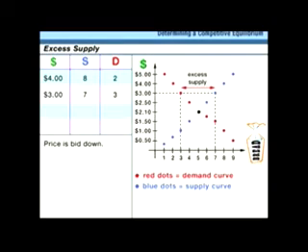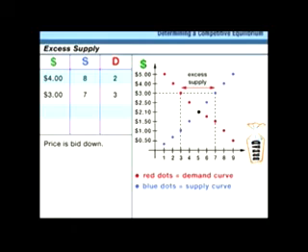As the price falls from the supplier's perspective, things are getting less attractive. So at a price of $3 per loaf, we find that a seller or 2 may have left the market. The quantity supplied is down to 7 loaves of bread. And at a price of $2.50 per loaf, the quantity supplied drops even further to 6 loaves of bread.